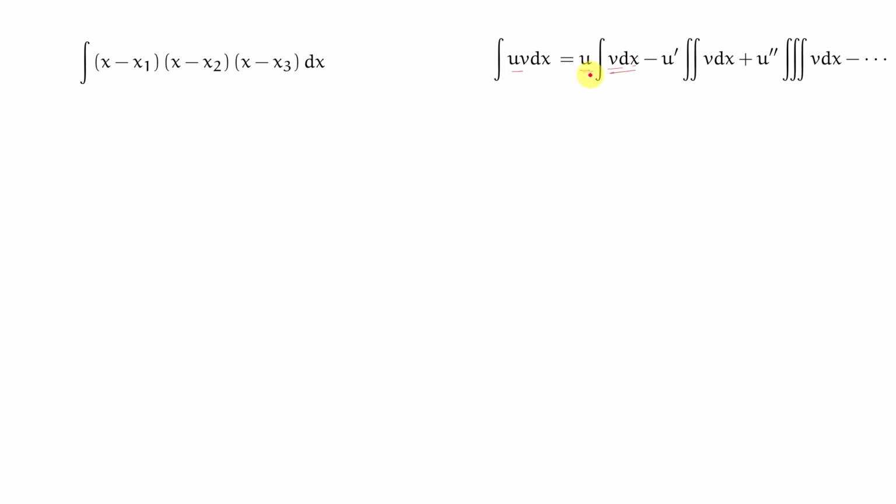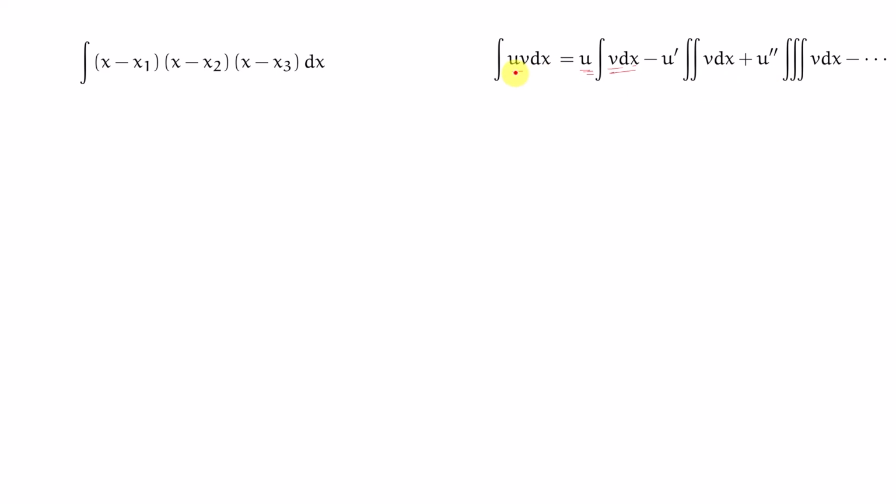Then the generalized formula is that u I'll keep on differentiating and v I'll keep on integrating, and eventually it will create a series, and that series must converge. If it doesn't converge, then we have to look for something else.